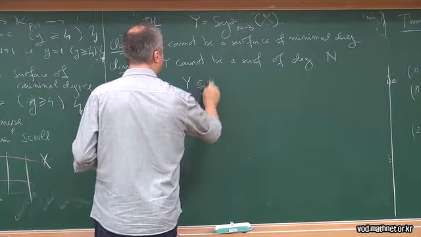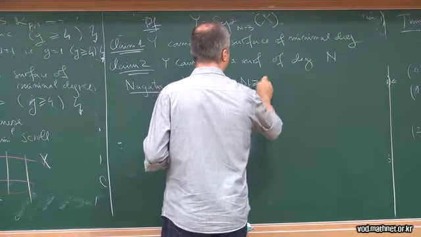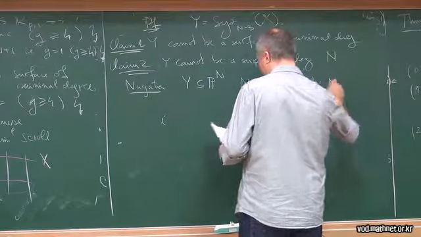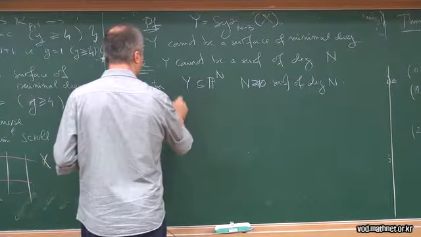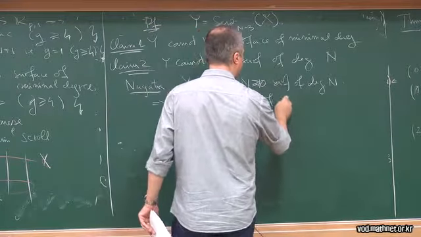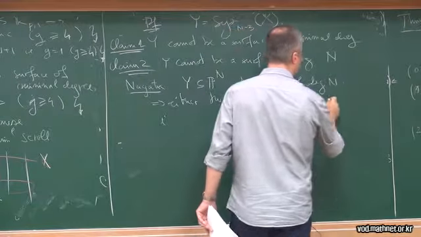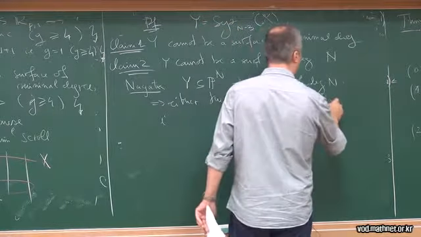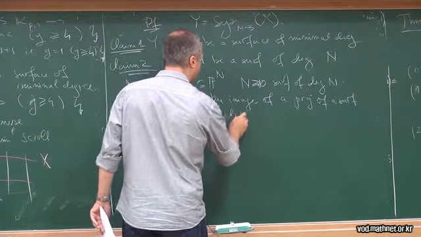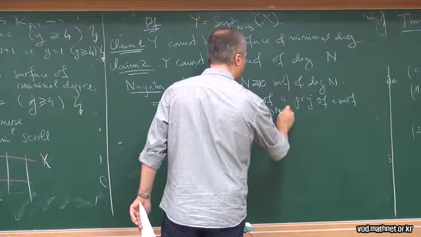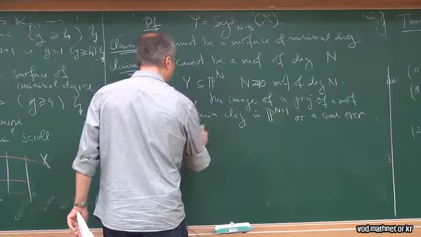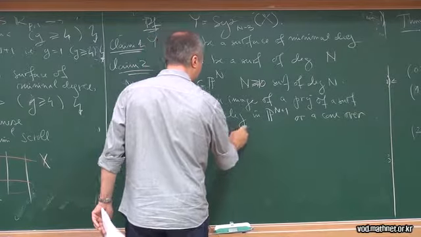if Y is in P^n with n at least 10 is a surface of degree n, then it's either the image of an outer projection of a surface of minimal degree in P^{n+1}, or a cone over an elliptic curve.